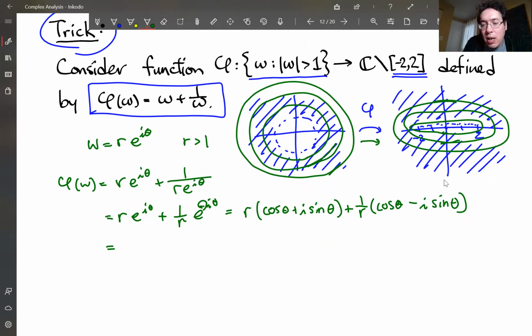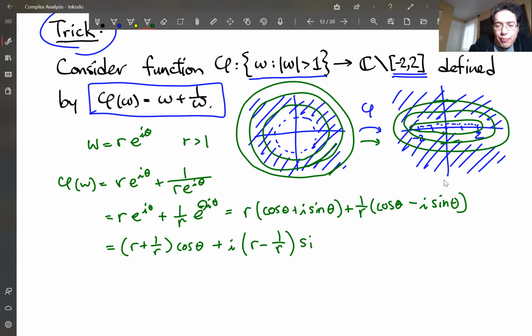Okay, and then here I'm going to collect the real terms and collect the imaginary terms together. So r plus 1 over r, times cosine of theta, that's the real part. And r minus 1 over r, times sine theta, that's the imaginary part. Now, if I hide this portion, so there's some scaling factor in front of the cosine and sine terms.